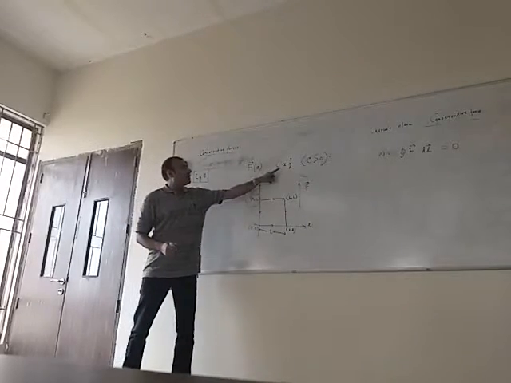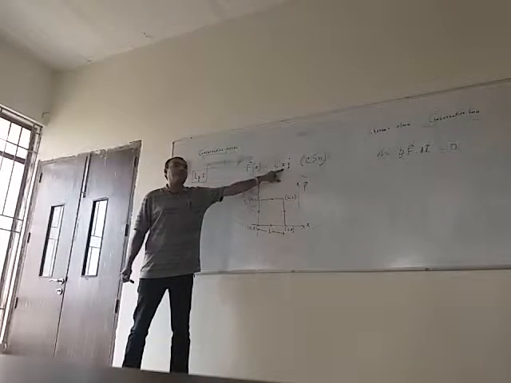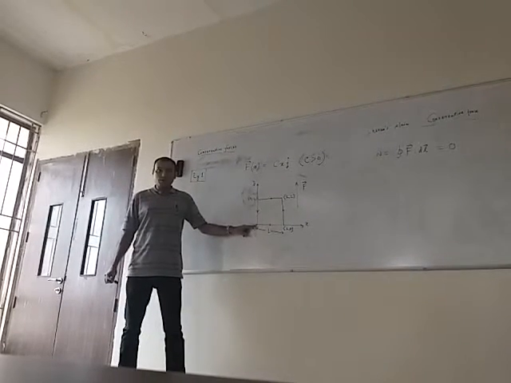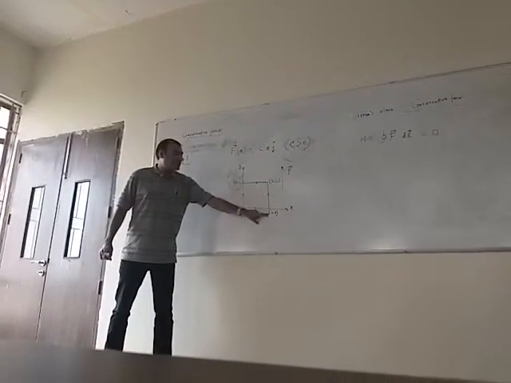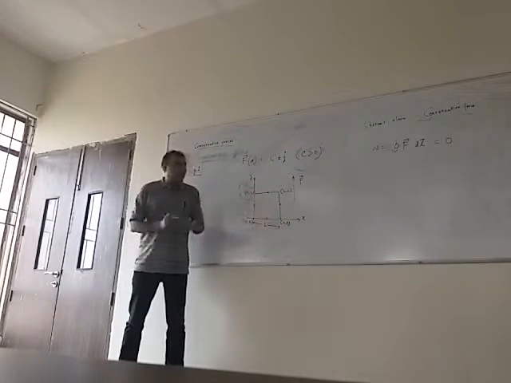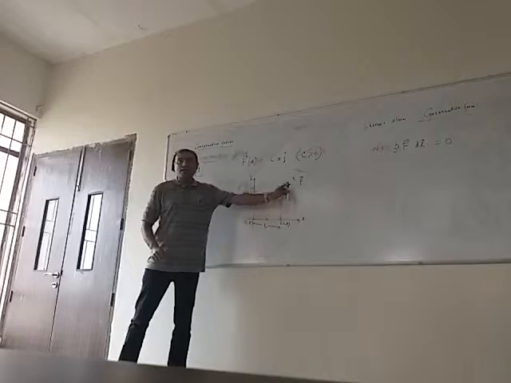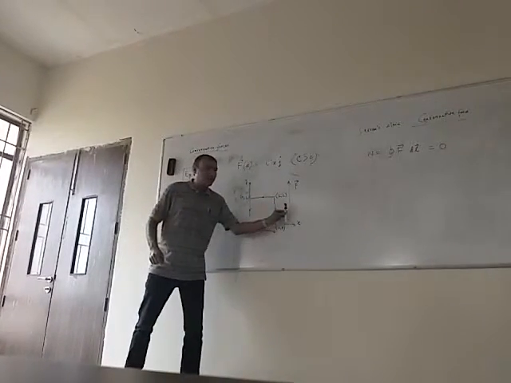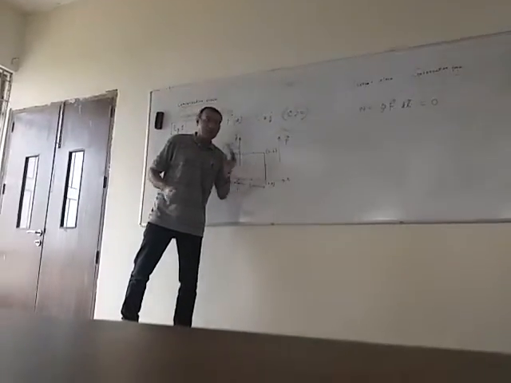So if you ask me what's the force at x equal to 0, right here, it's just 0. If you're at x equal to L, it would be c times L, but the direction of the force is always along y. So it's a function of position along the x-axis.